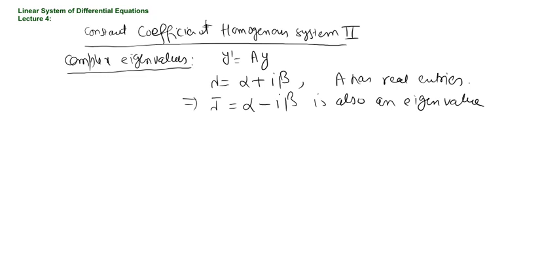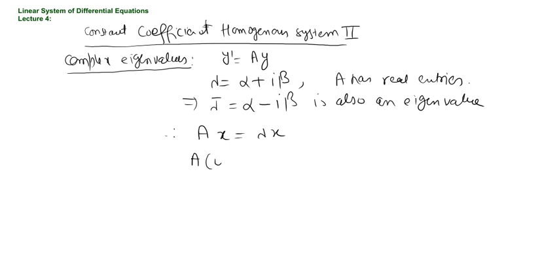And by definition, A times eigenvector x equals lambda x. Since the eigenvalue is complex, the eigenvector will also be complex.